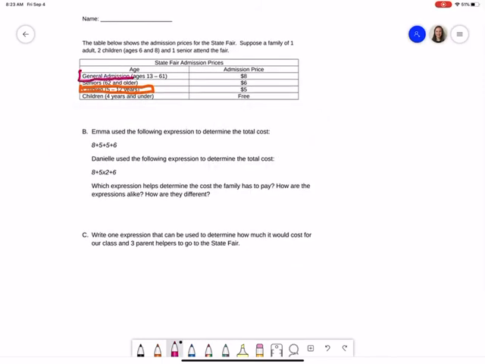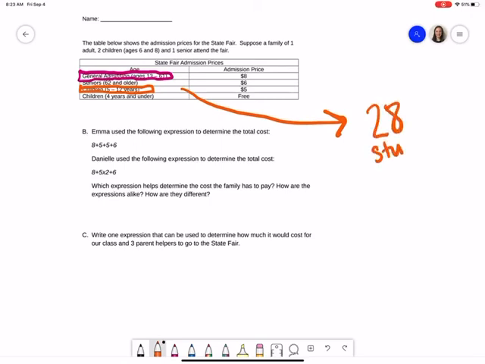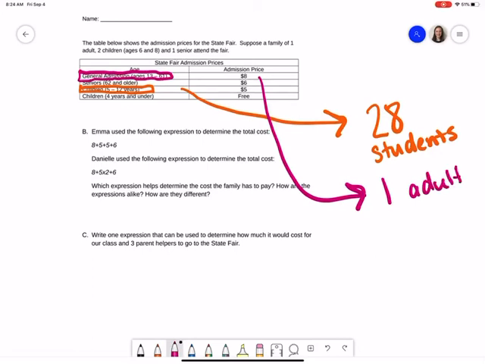Just the adults, general adult group. We have, you ready? We have 28 students in our class. Okay, 28 students. We have 1 adult plus it says we need 3 parent helpers, so that's 3 more adults.